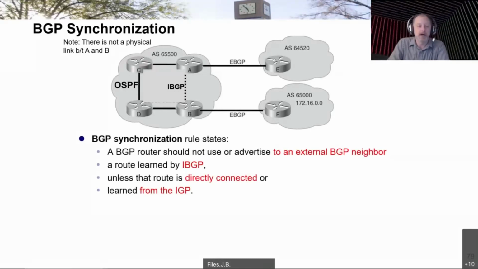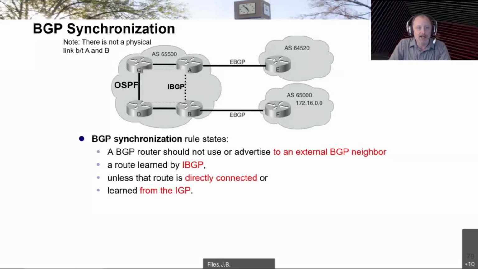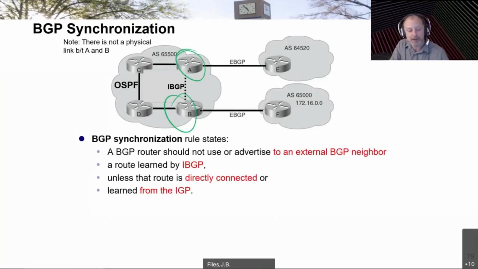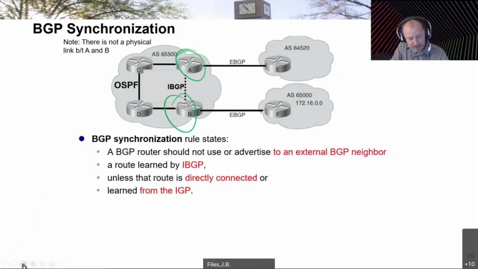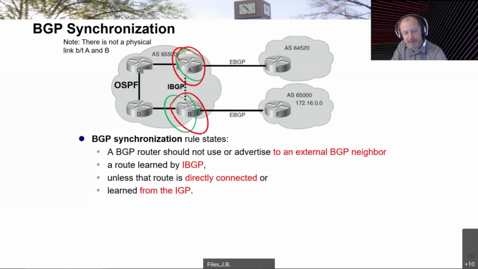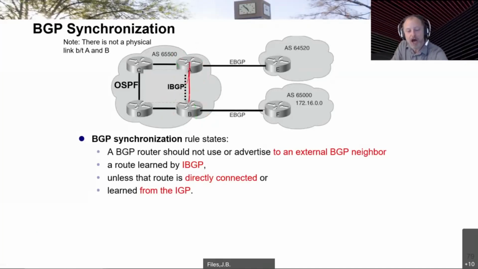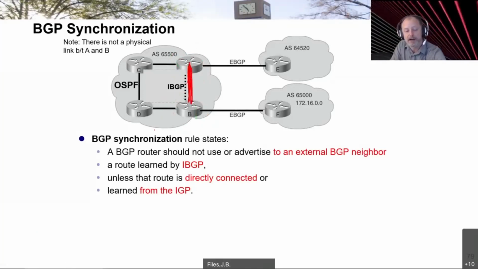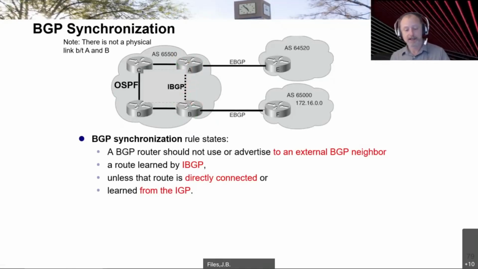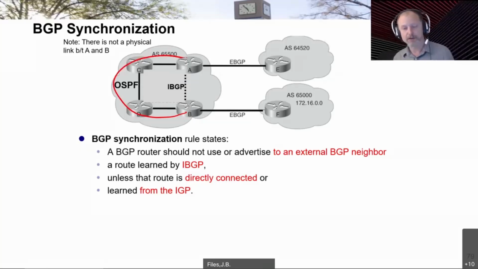Notice we have A and B that are peers. I'm going to change the color of this; red's a little bit easier to see. A and B have a BGP relationship, but they're not directly connected. Everything has to go that way.